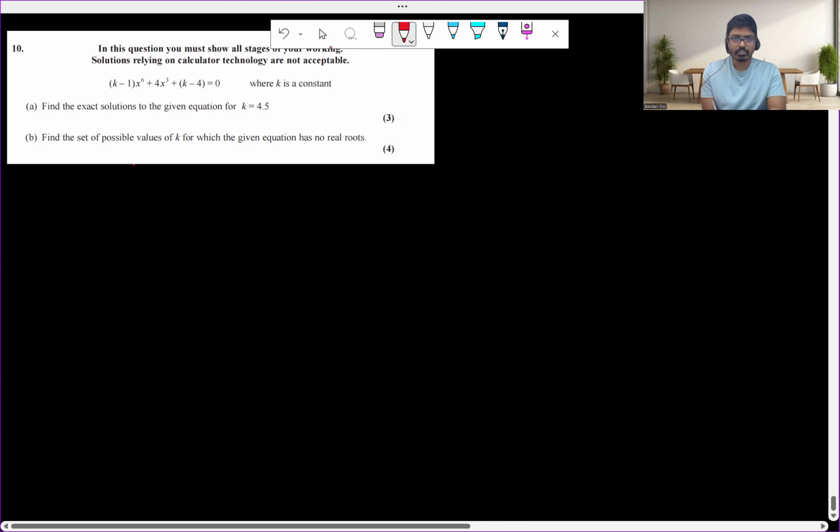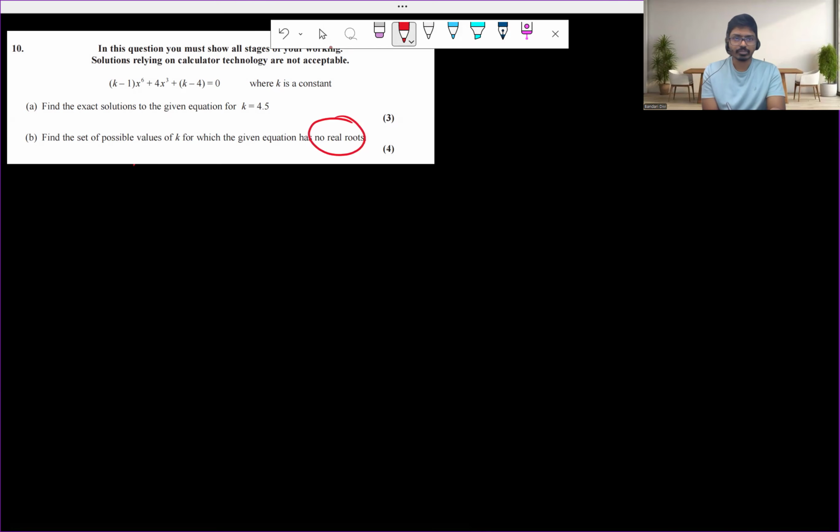Here it says that it has no real roots, which means b squared minus 4ac is less than 0. So what is our a value? The a value is k minus 1, the b value is 4, and the c value is k minus 4.